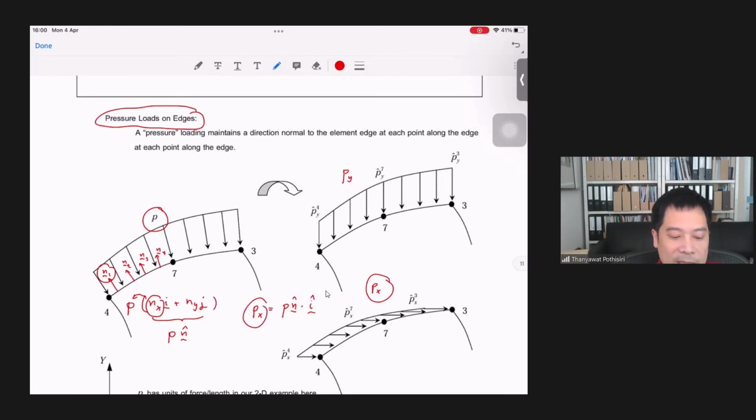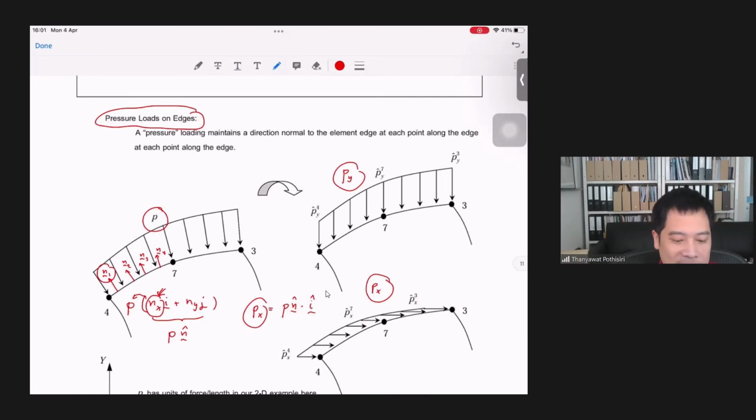You can do the same thing if you want to obtain Py. So Px would vary depending on the nx component of this unit normal vector, and Py also varies depending on the ny component of this unit normal vector.